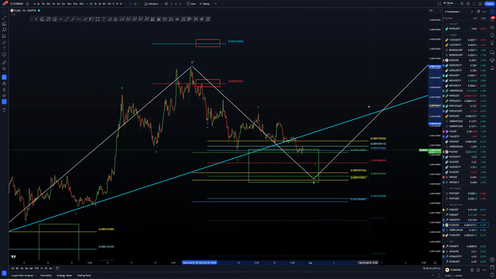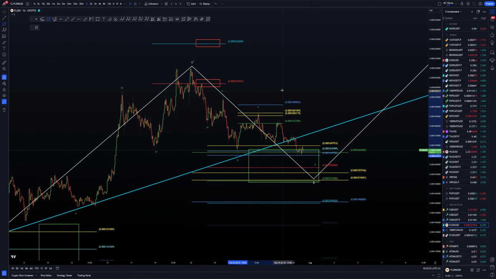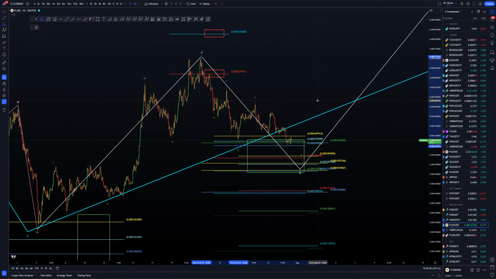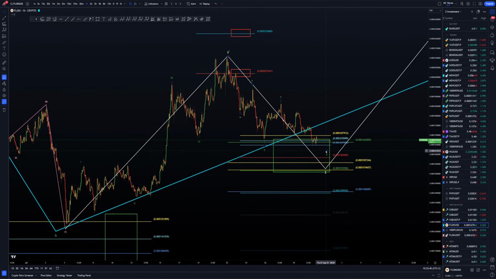One-to-one extension. Well, these are the exact same targets for both, so we don't really care, to be honest with you.